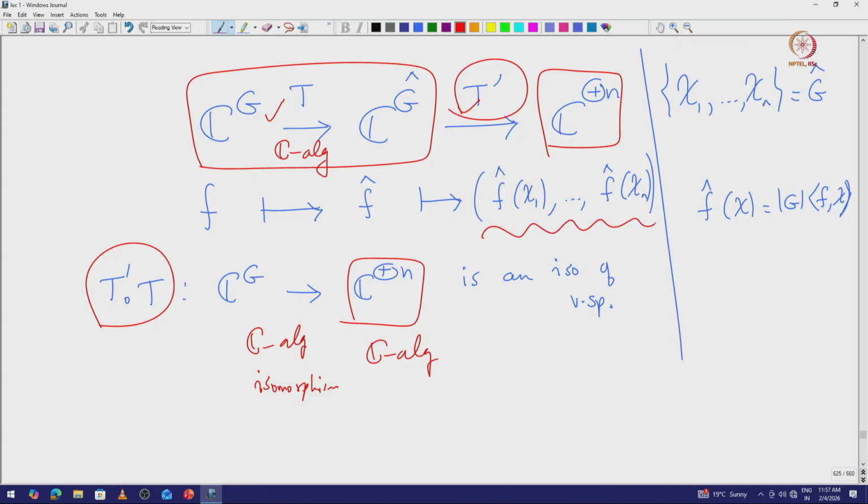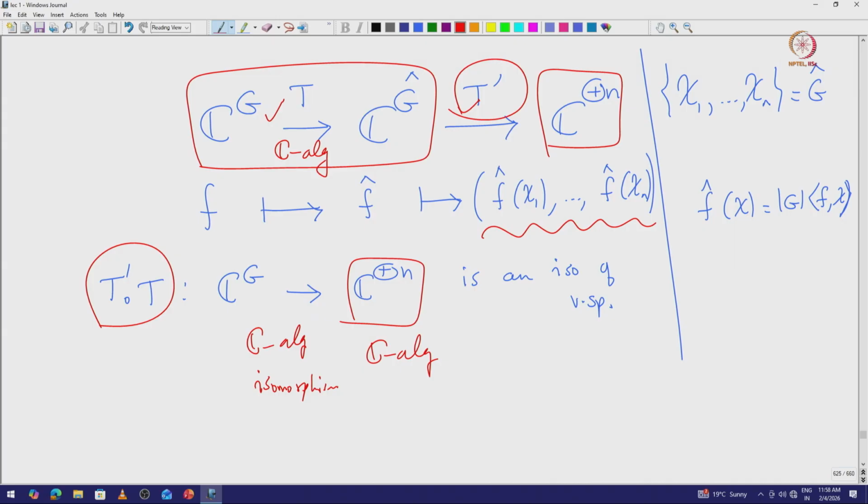That interpretation motivates us to look for what will be the nice space on the right side. Indeed, one can see that all irreducible representations of finite abelian groups are one dimensional.